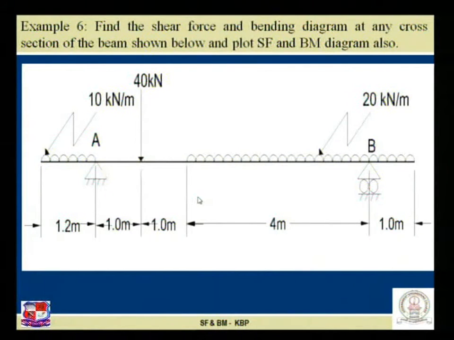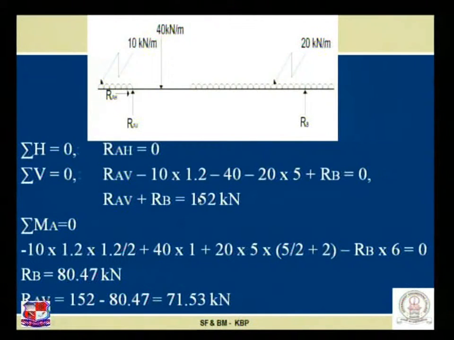Our next step was to find the reactions, and we found RB as 80.47 kilonewton, while RA, the vertical reaction, is 71.53 kilonewton. The horizontal reaction at A is 0, because there is not a single horizontal force acting on the system.